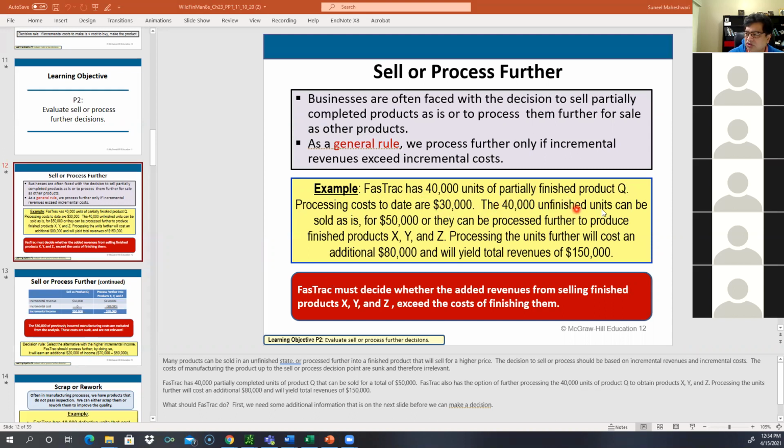The 40,000 unfinished units can be sold as is for $50,000, or they can be processed further to produce finished products X, Y, and Z. Processing the units further will cost an additional 80,000 and will yield a total revenue of 150,000. So what's the incremental revenue here?